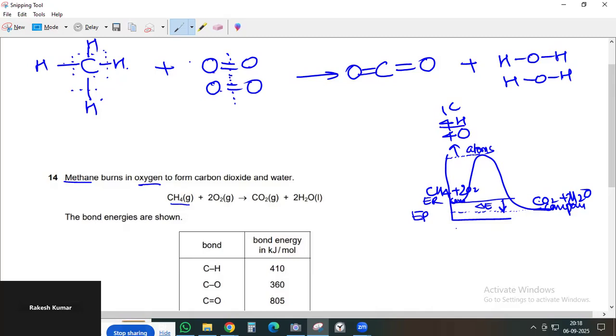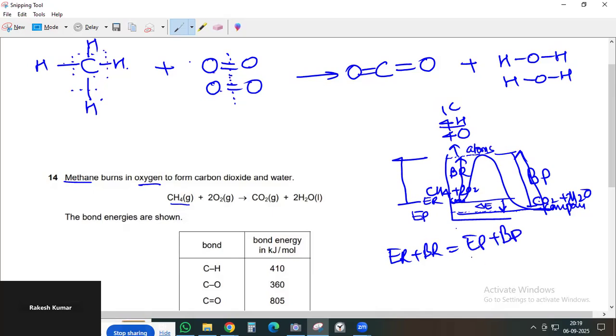So we also know there's another way to look at this: bond breaking of the reactant, and then bond forming of the products. And again, that day I told you ER plus BR, the height is the same. This ER plus BR will take you here, which is equal to EP plus BP.